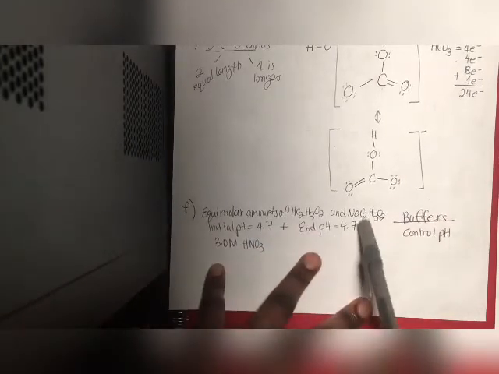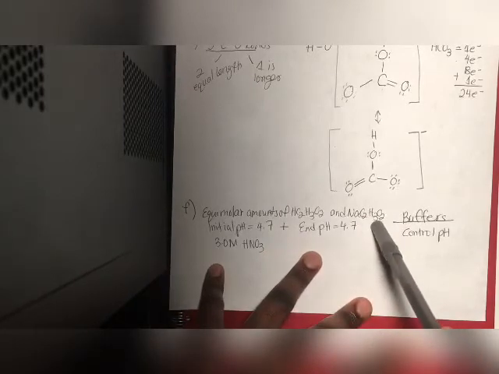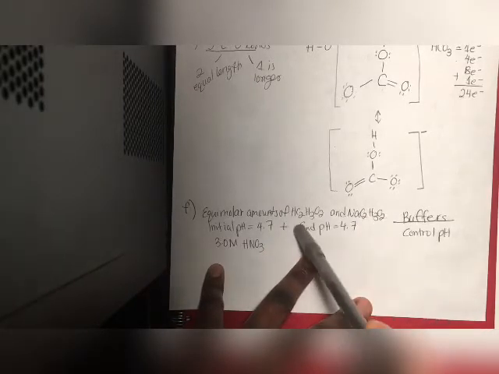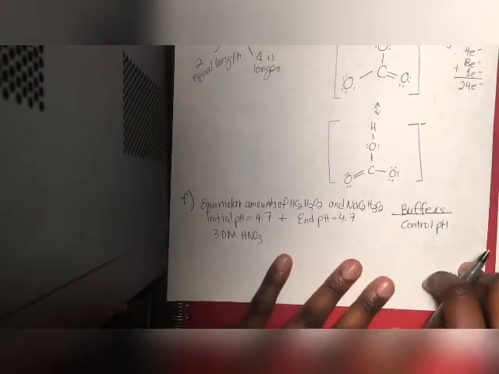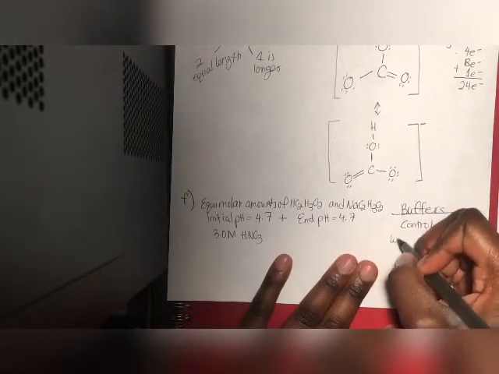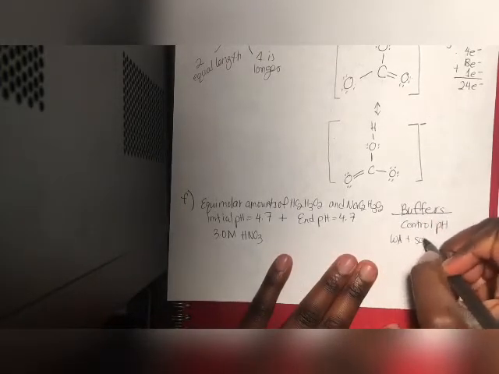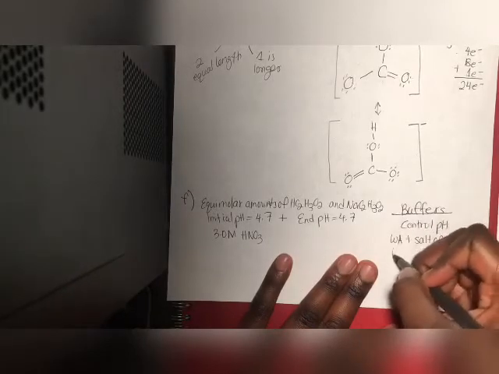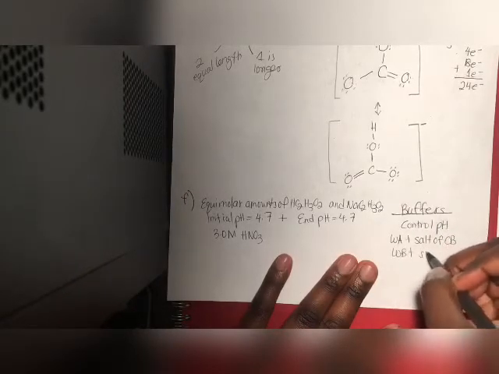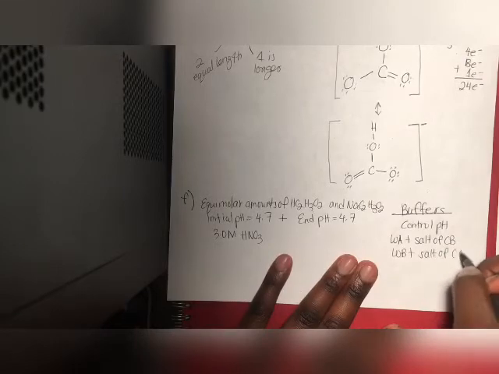So why does the reaction between NaC2H3O2 and HC2H3O2 make a buffer? So we know that buffers either happen between a weak acid with the salt of its conjugate base, or a weak base with the salt of its conjugate acid.